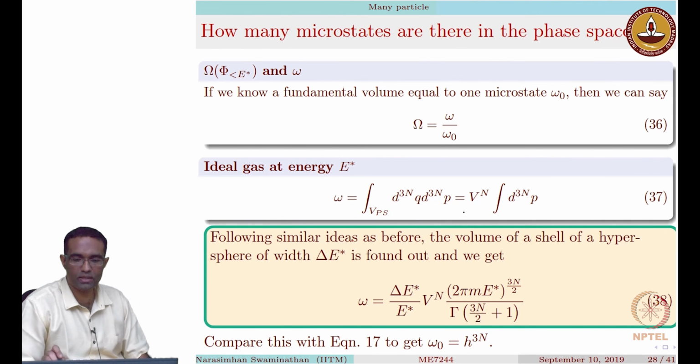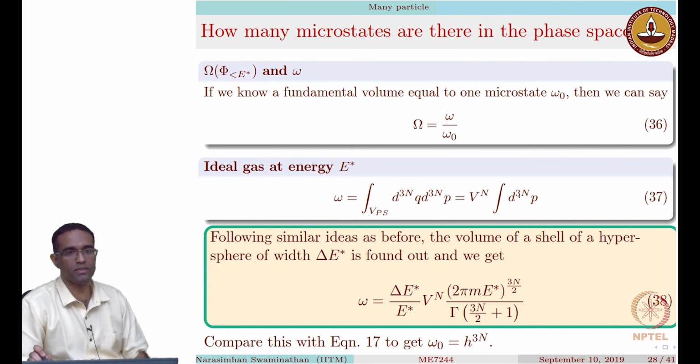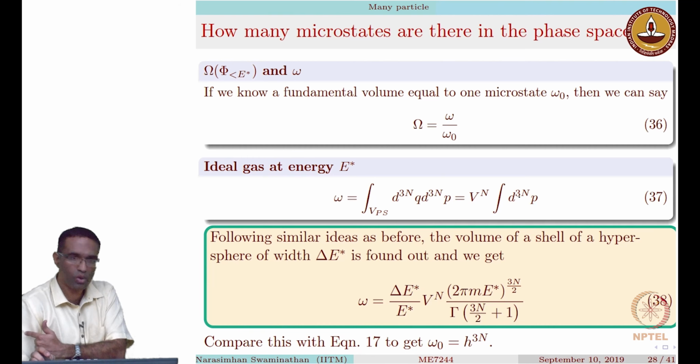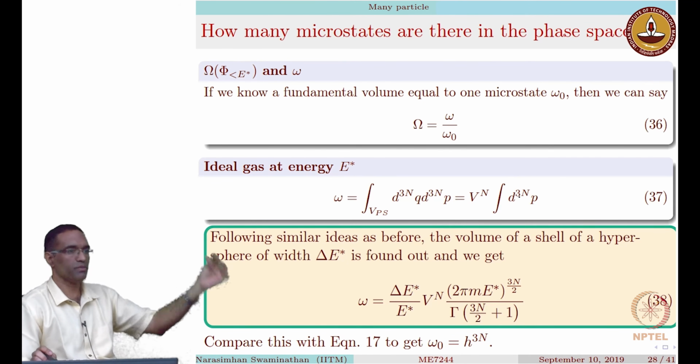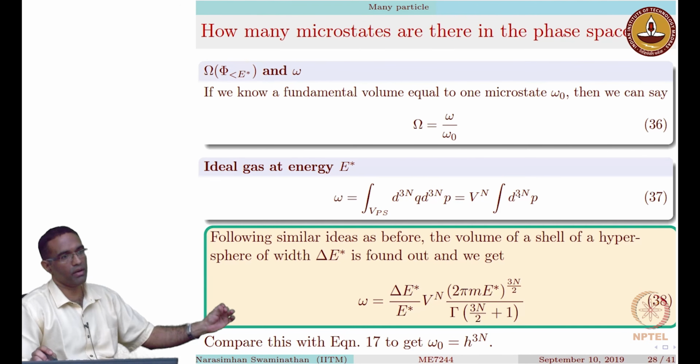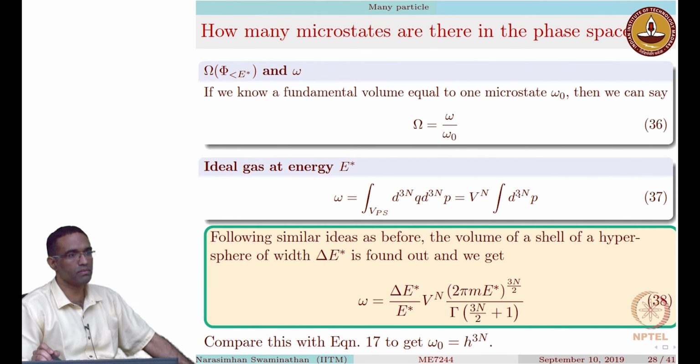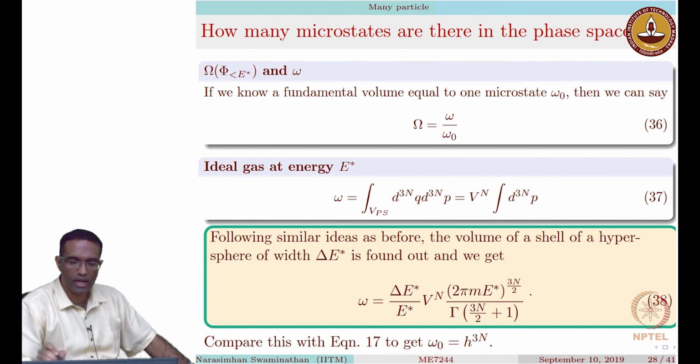This omega can be written like that, and then this happens to be V to the power 3n and this d3np is that large expression that I just wrote, which is essentially calculating the volume in the spherical shell having energy between E star plus half delta E star and E star minus half delta E star, and that gives us the following omega.